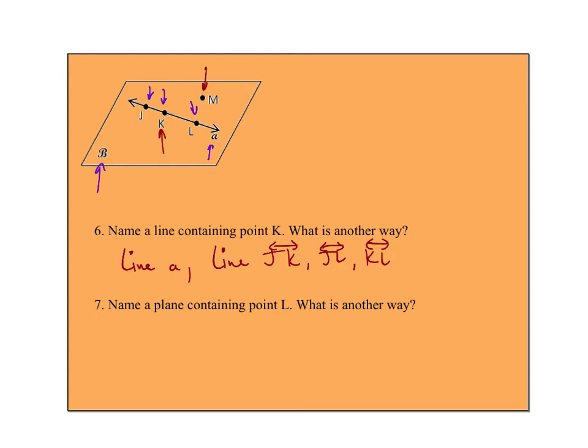Okay, so name a plane containing point L. The point L is on this plane B, so I could literally just write plane B. That would be enough. Another way would be three non-collinear points.